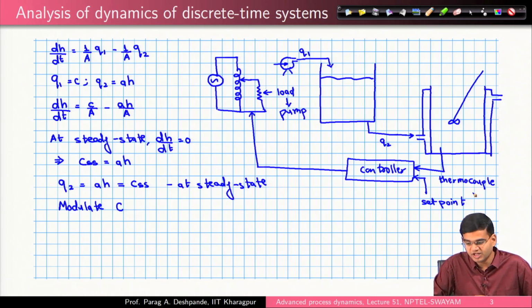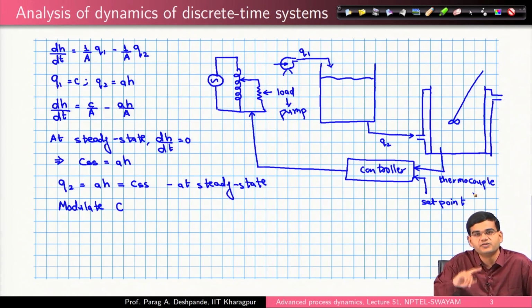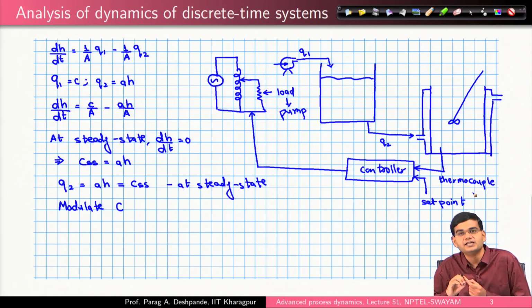Now, therefore, the continuous signal coming from the thermocouple has to be converted to a digital signal, which is the signal in discrete time domain. Further, the controller will recommend an action. The output from the computer also is going to be a digital signal, but the displacement of the arm in your variable auto transformer is going to be again a continuous variable.